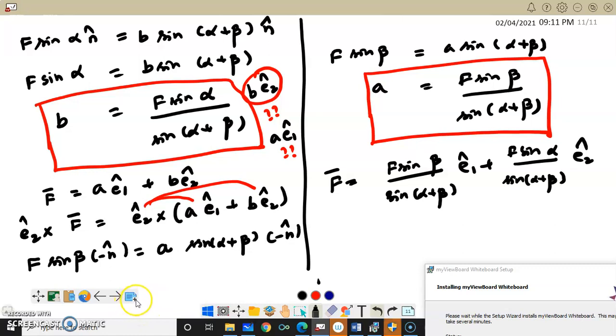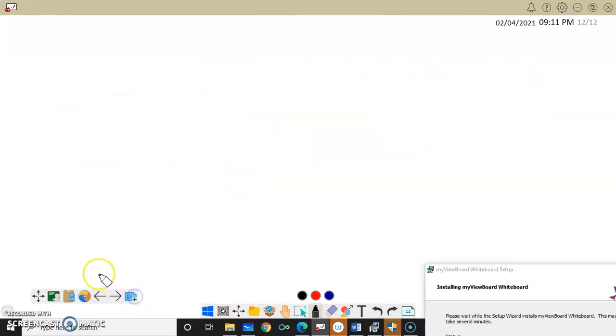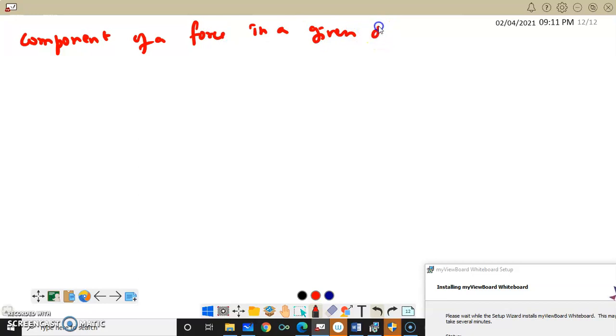Now, component of a force in a given direction. Given a force F and a direction specified by the unit vector E cap, one force is given and its unit vector is E cap, suppose. What is given to us?